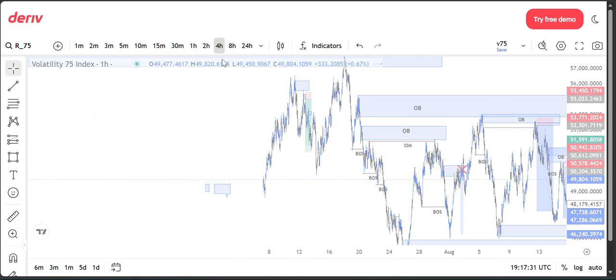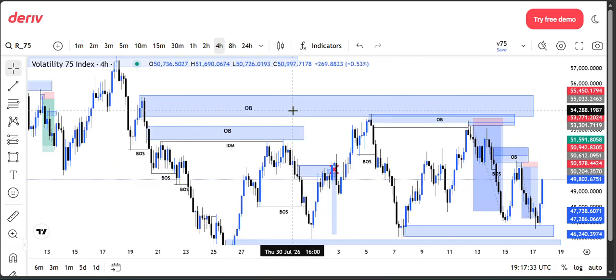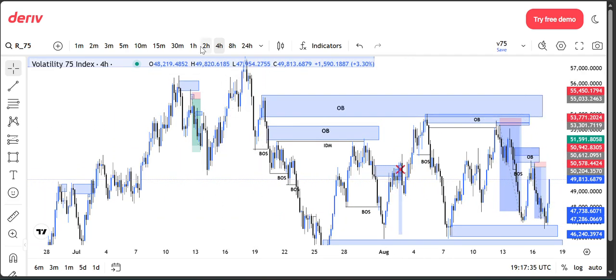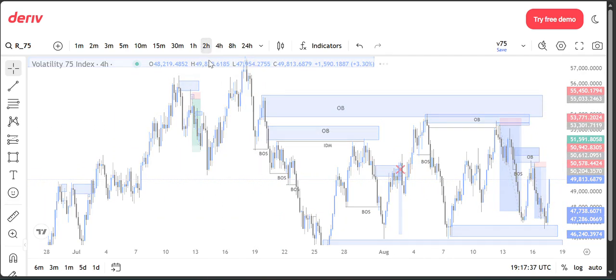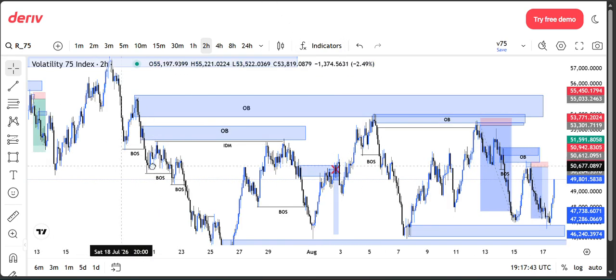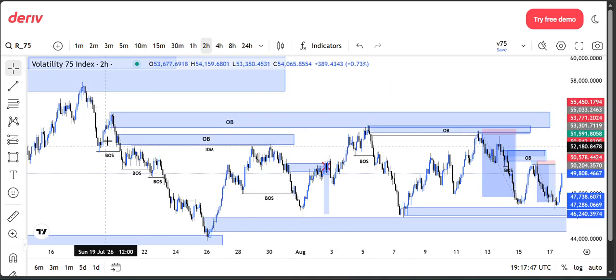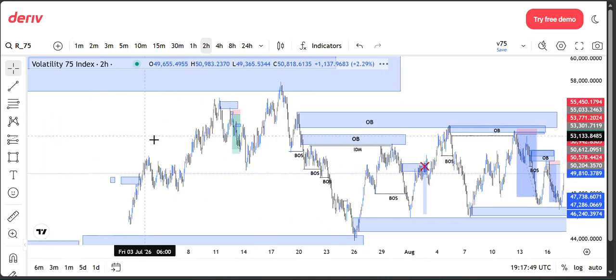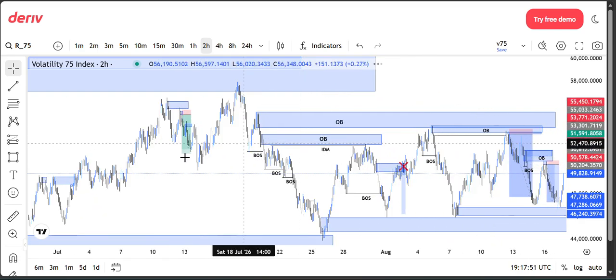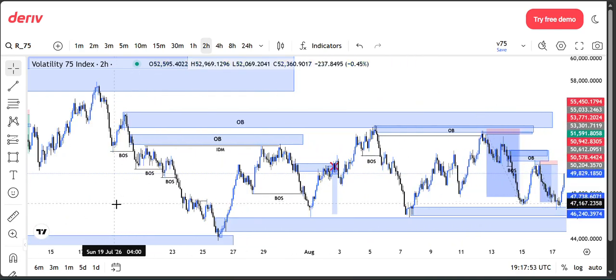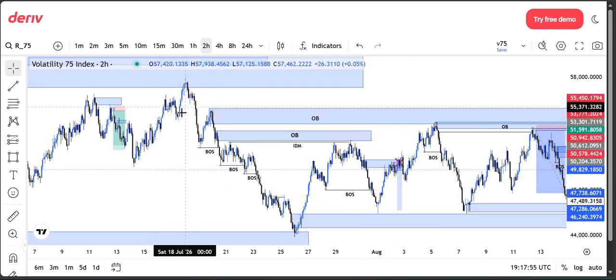Now, let me come from the 4 hours time frame. Okay, let's go to the 2 hours time frame. Now coming to the 2 hours time frame, we see that price has been bullish prior to this time.